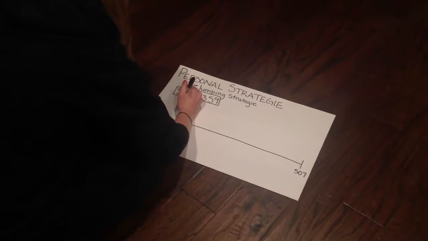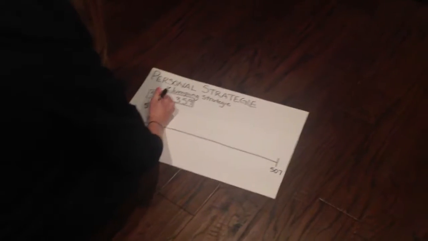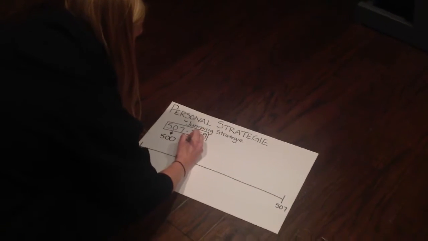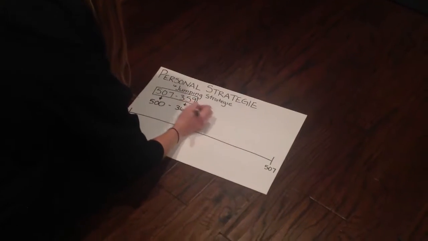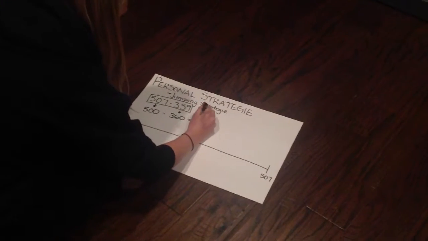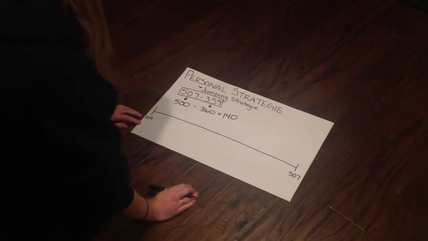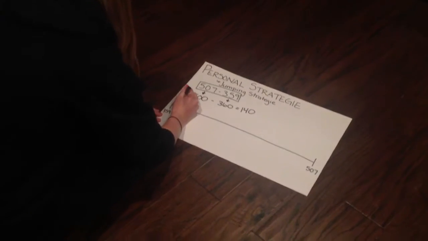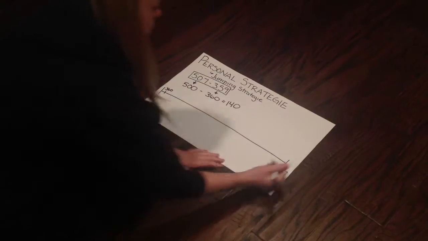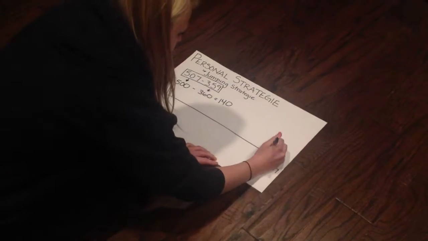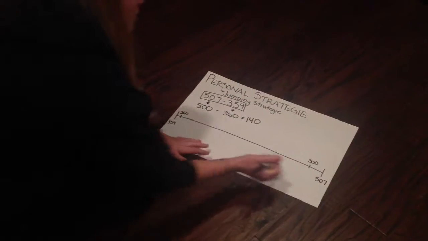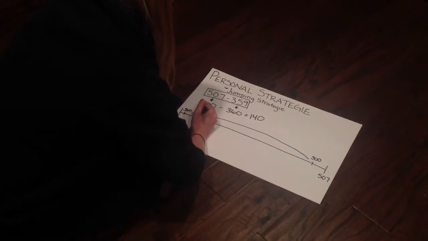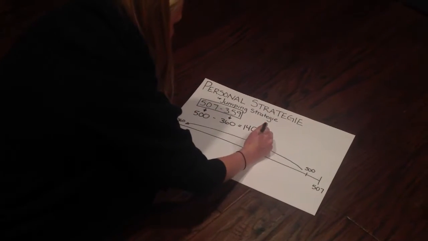So we remember that we rounded 507 to 500 and 359 to 360, which equals 140. So next, I'm going to place 360 on my number line and 500 on my number line. And we know that 500 minus 360 is 140.